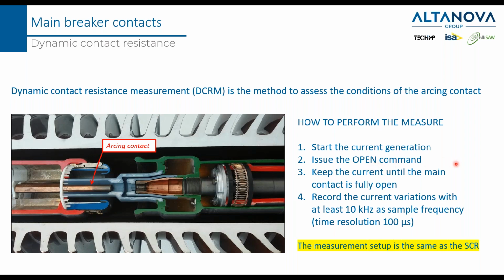Then you issue the open command, so the main contact starts to move. You keep the current until the main contact is fully open, but you also have to record the current variations with at least 10 kilohertz as a sample frequency, because you need quite a good time resolution. Otherwise, you are not able to see a proper profile of your dynamic resistance.